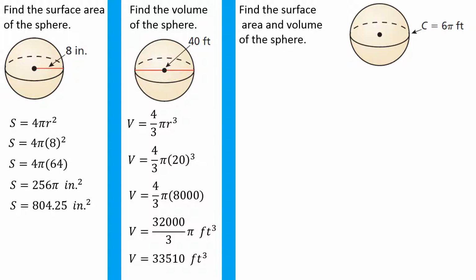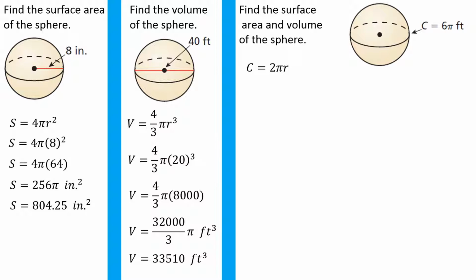Ooh, this is fun. We can find both the surface area and the volume of this sphere. And the radius is, I don't know the radius. And unlike the previous example, it's not quite so easy to eyeball it. So I got to put on my thinking cap and say, okay, I know the circumference of any circle is 2 times pi times r.